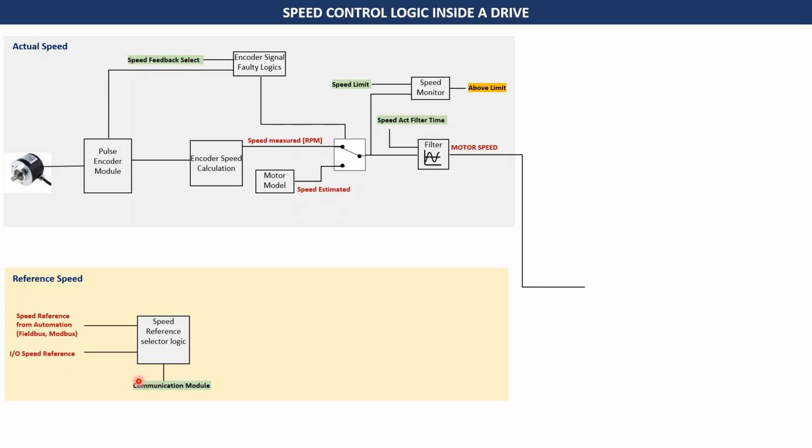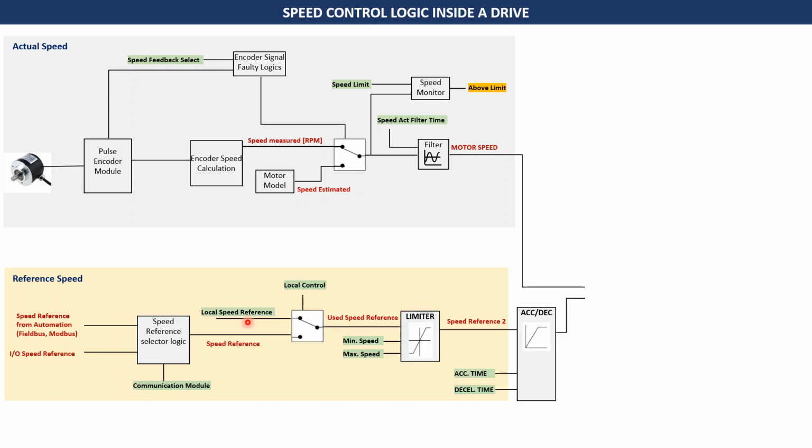And then you can set a parameter, this parameter communication module. Based on what you set in this parameter, the signal which you want goes further for speed reference calculation. In case of ABB drives, this communication module is parameter number 98.02.